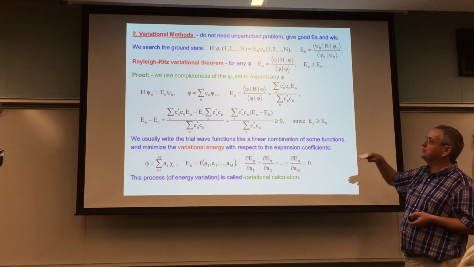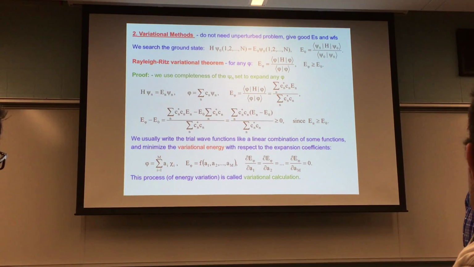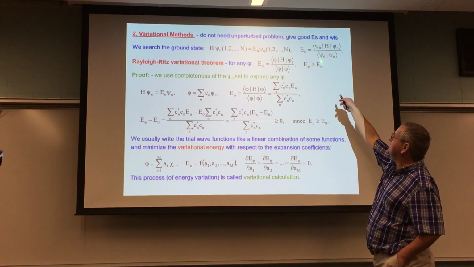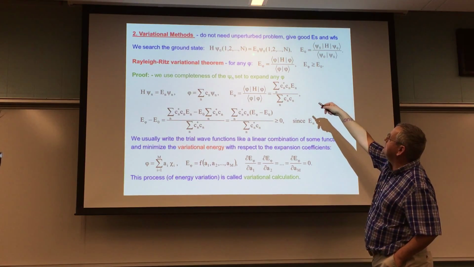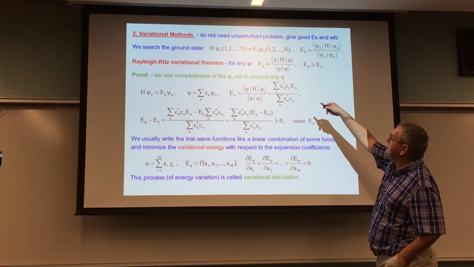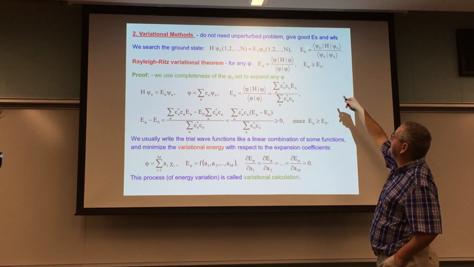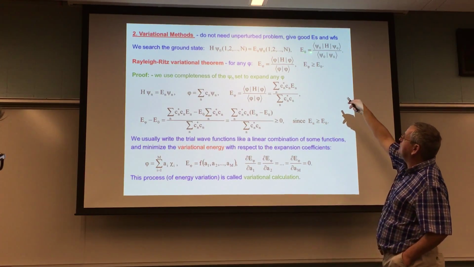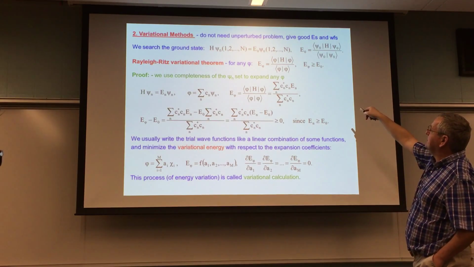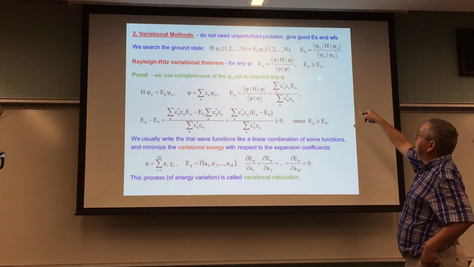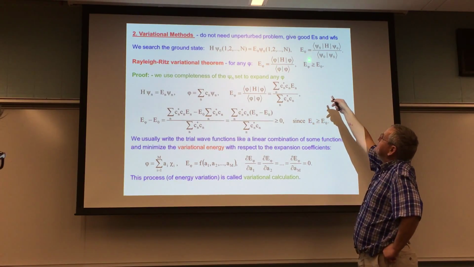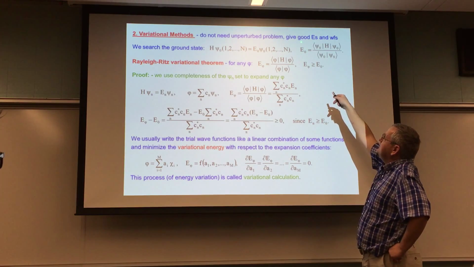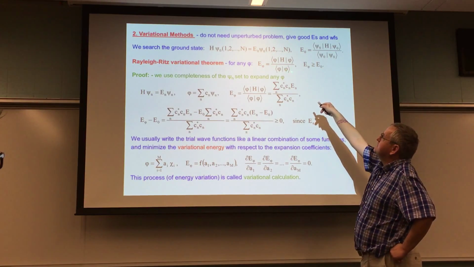The closer the wave function is to the correct ground state wave function of this Hamiltonian, the lower the energy. If this is the exact ground state wave function and this is the exact energy, then for the ground state wave function the energy is the lowest energy which you can get in this way.